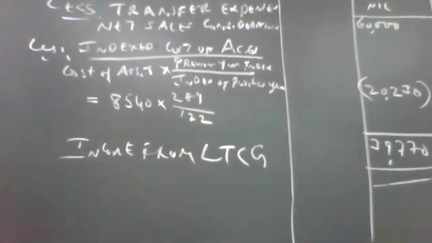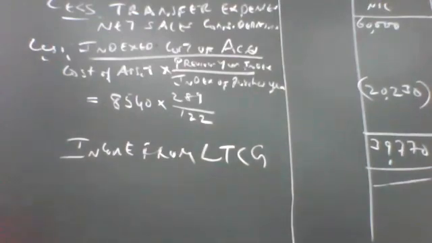If it is shares, more than 1 year is long term, less than 1 year is short term, and we assume the shares are listed on a stock exchange if nothing is mentioned. But for land and building, more than 2 years is long term. So we'll do the second problem.